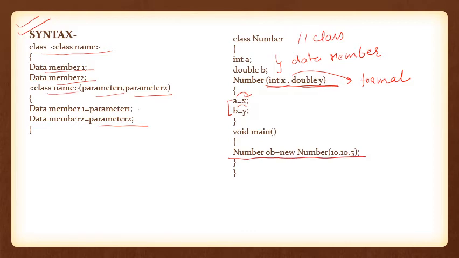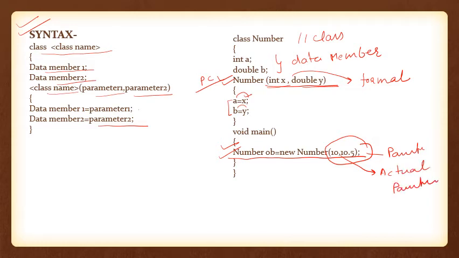So whenever the parameterized constructor is there, when you create an object, pass a parameter here. At the time of creation of the object, there is a constructor call. So these are the actual parameters of the constructor function.